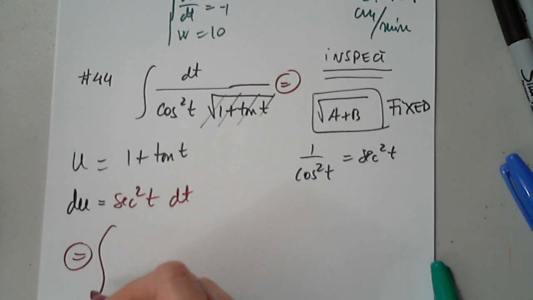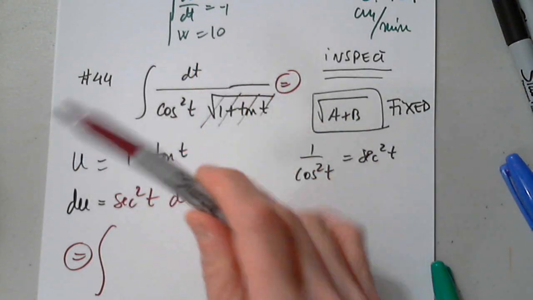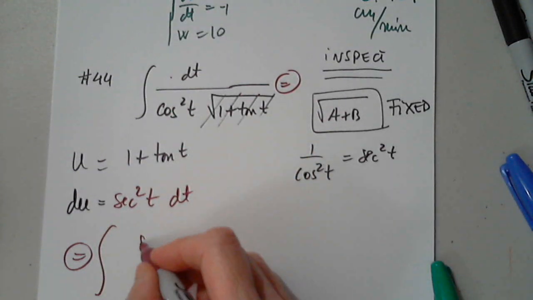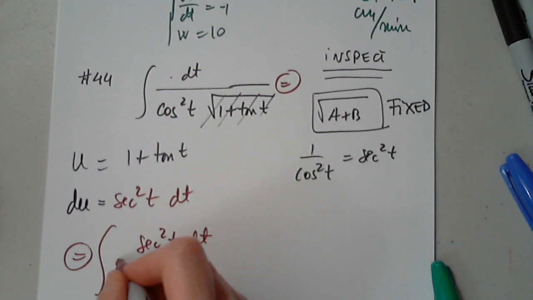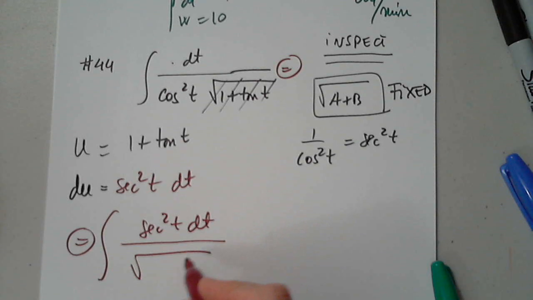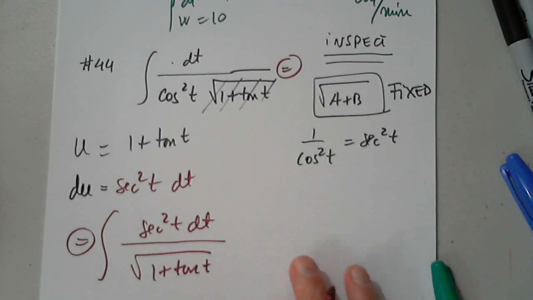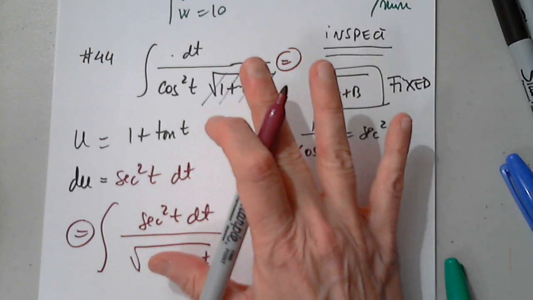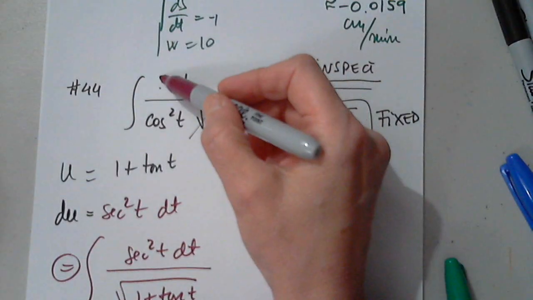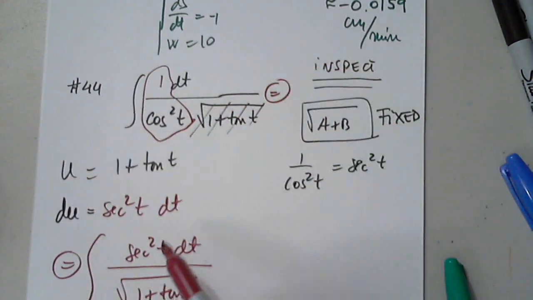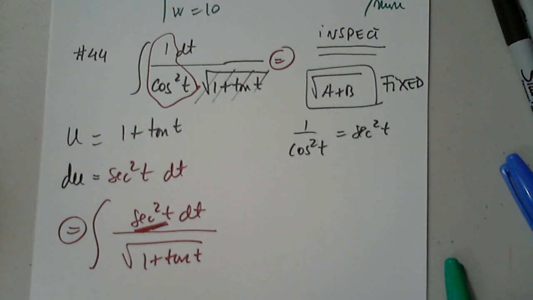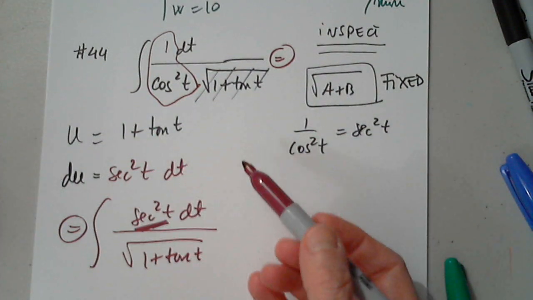So this is the integral, basically, I'm going to write it again. 1 over cosine squared is secant squared dt divided by the square root of 1 plus tangent t. I have not used the substitution yet. I just want you to see that this changed into this. And now this is a piece of cake.